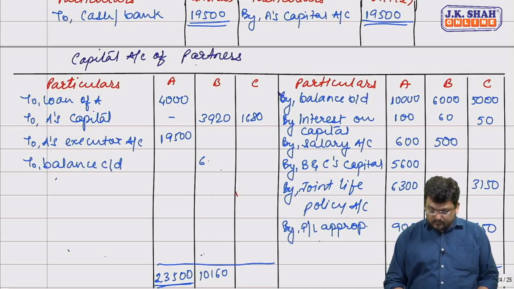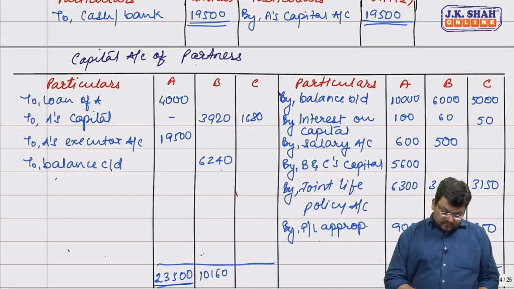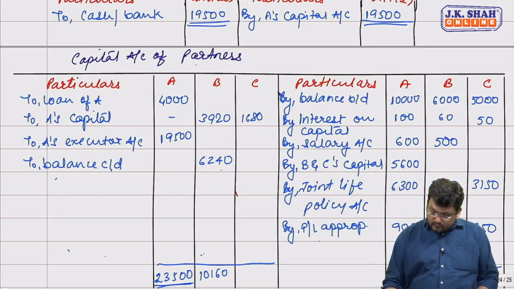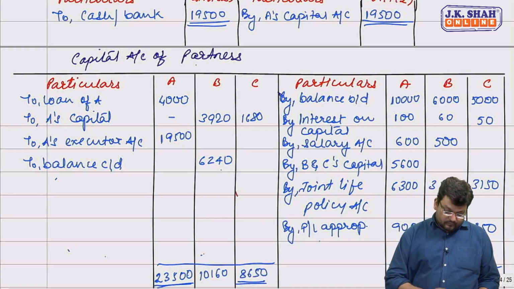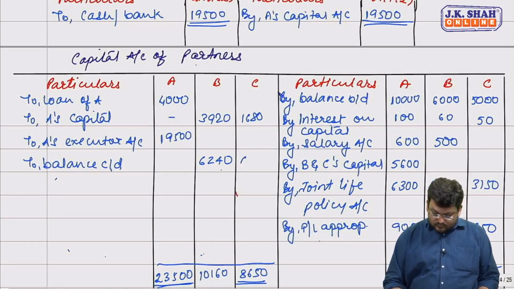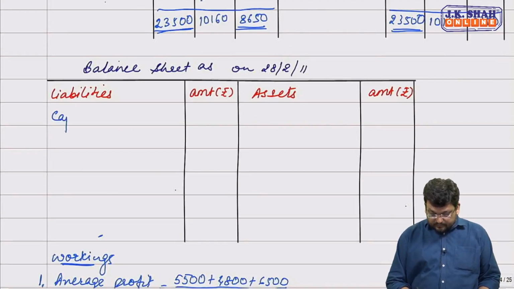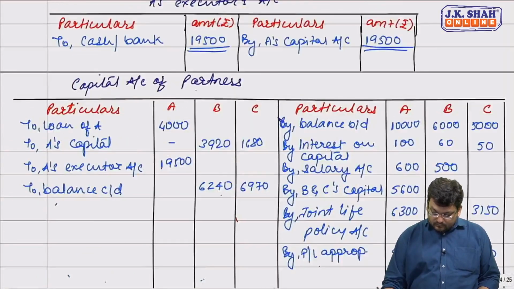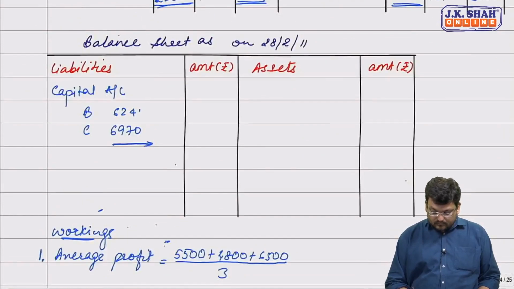6240. C. Balance in their capital will now appear in our balance sheet. $13,210 total capital.